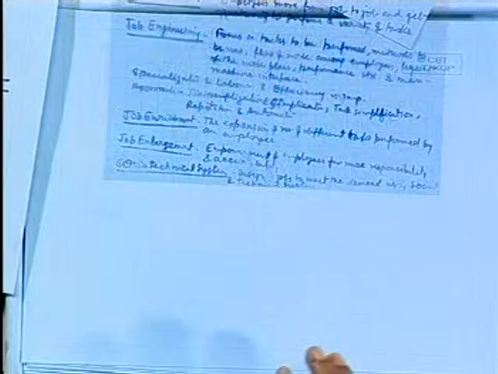So this was about job enrichment. Now the last approach, that is socio-technical system. Socio-technical system is basically what actually we do. We try to increase the impact as much as possible, as well as we also try to make it as complex as possible.